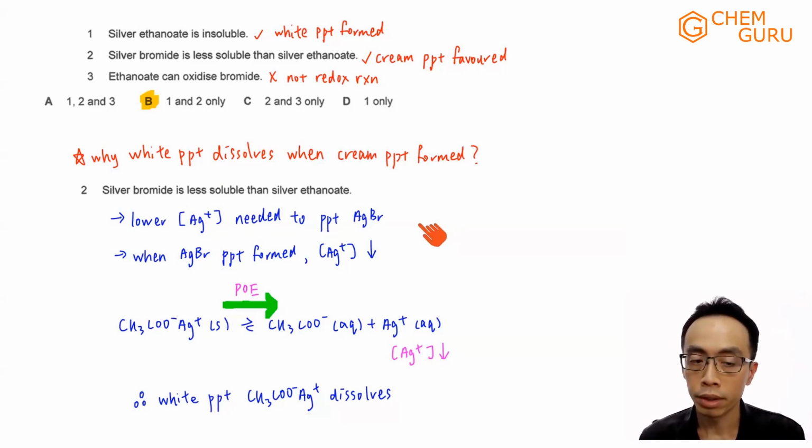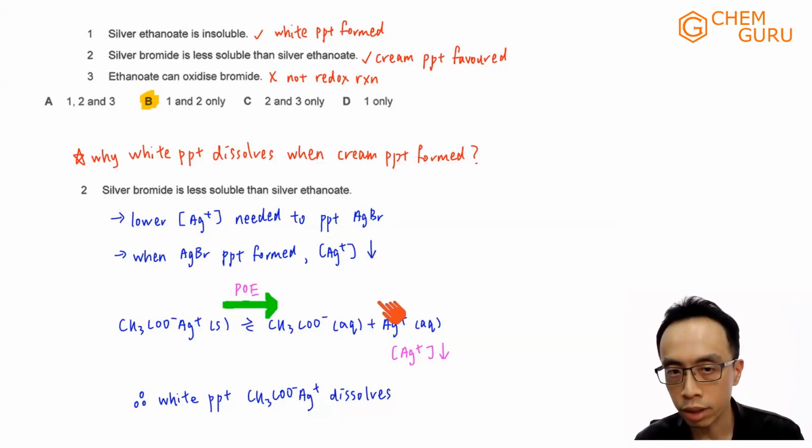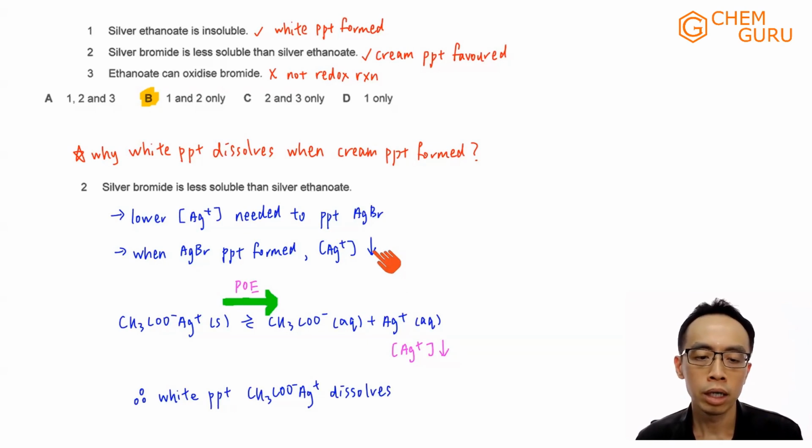Because it is less soluble, so therefore it requires a lower concentration of Ag+ to precipitate the silver bromide that is less soluble. Then when AgBr starts to form, it will use up Ag+ concentration in the solution. The concentration for Ag+ will decrease. And when there's a decrease in concentration of Ag+, it will shift the position of equilibrium involving this dissociation.